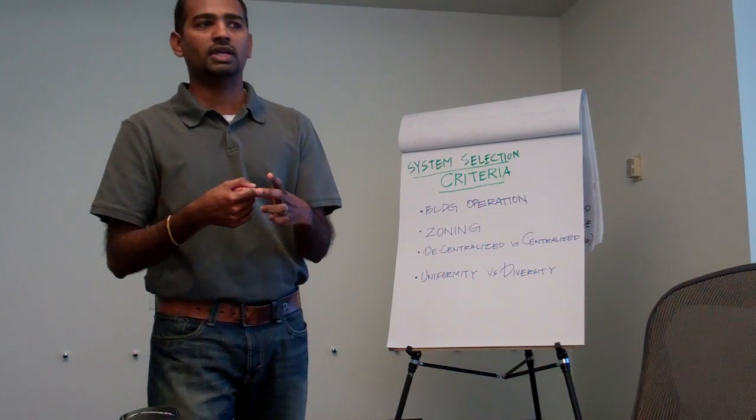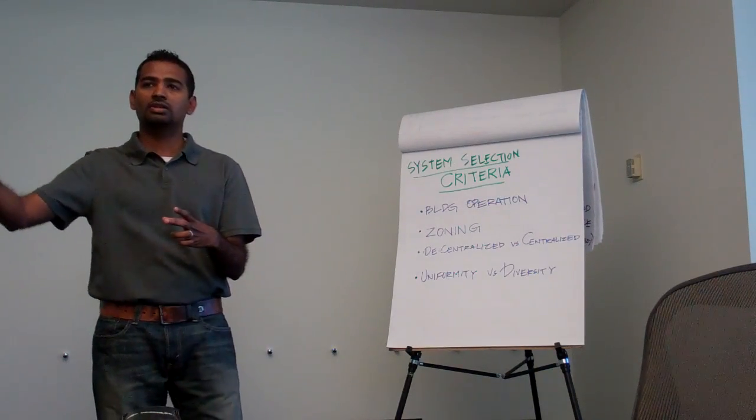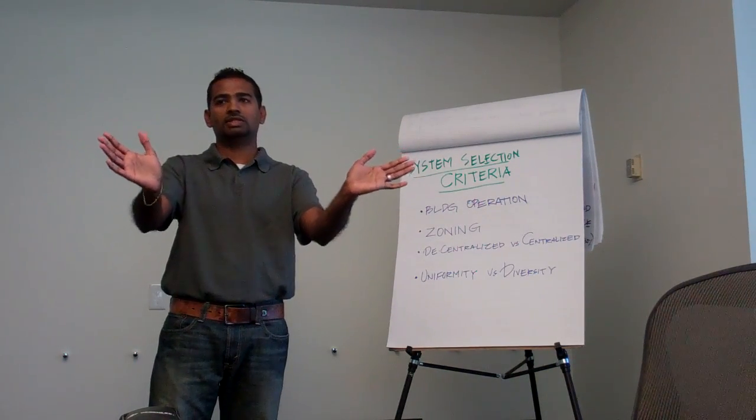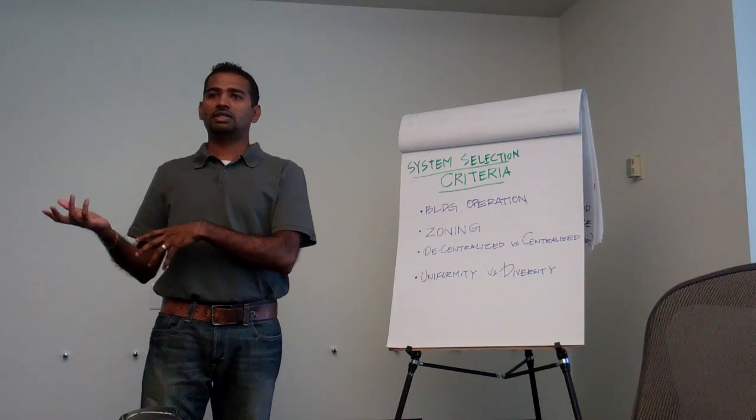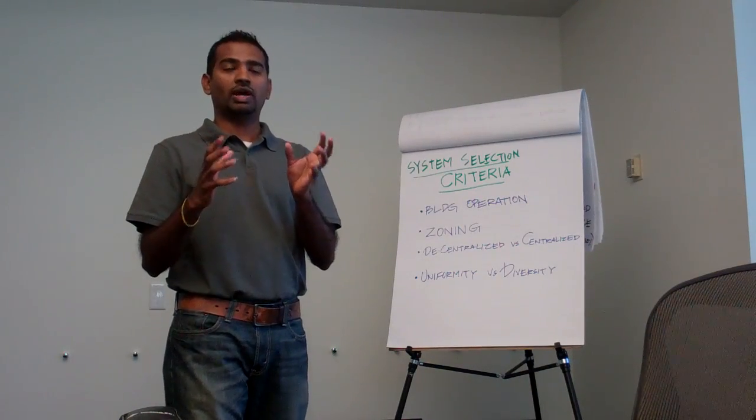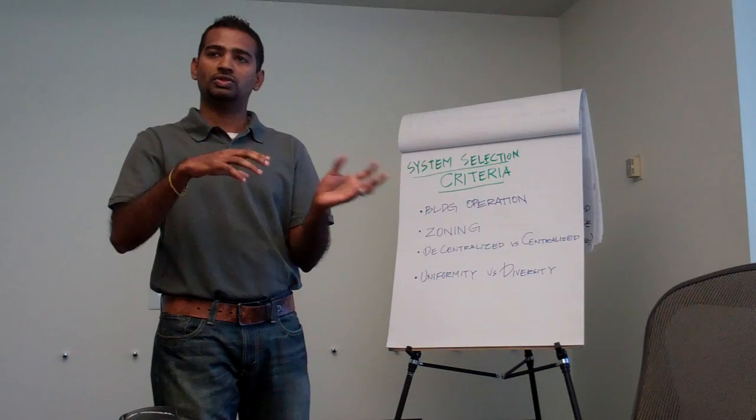But typically we won't design that. All we would have would be just one thermostat for the entire section on one side. So asking that question will change how we zone the buildings.